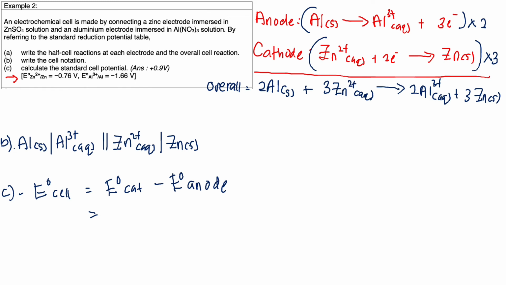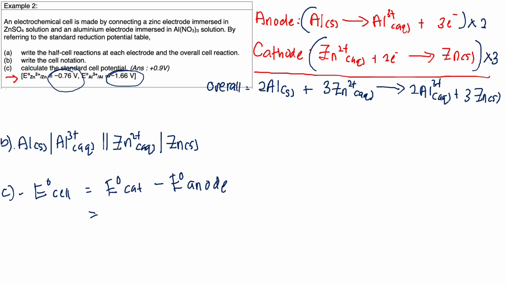So what will happen to the SRP value? Are we going to multiply them too? The answer is no. You do not need to multiply them like in thermochemistry. Please remember, thermochemistry is different. In electrochemistry, no matter how many times you multiply it, the SRP value will remain unchanged.